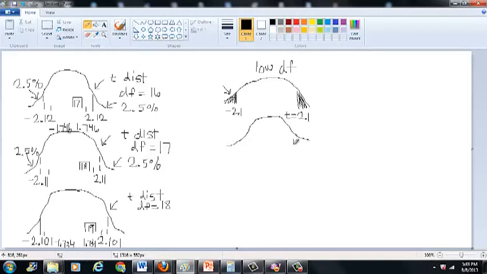The percent of samples beyond 2.1 won't be as high, because this wedge beyond 2.1 isn't as big anymore, because the tail is thin. It's thinning out. The wedge beyond negative 2.1 also won't be as big anymore.